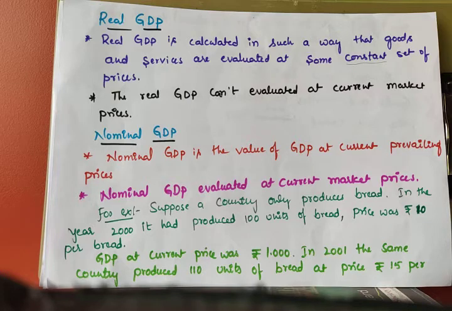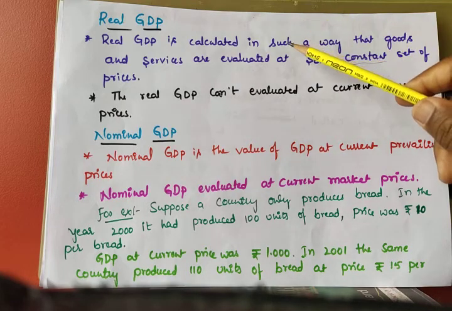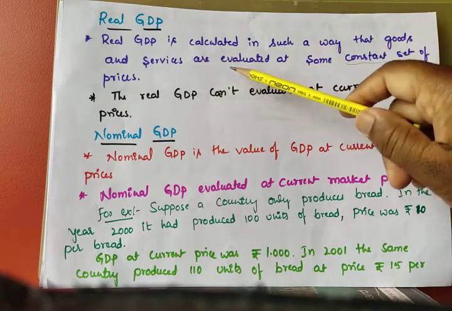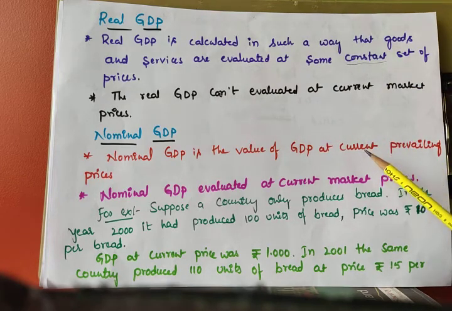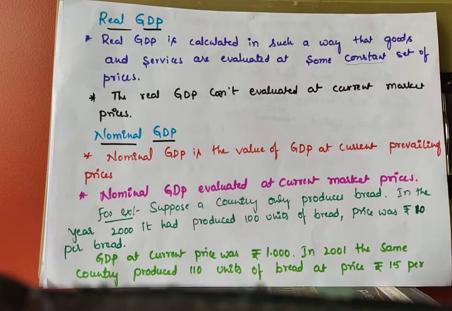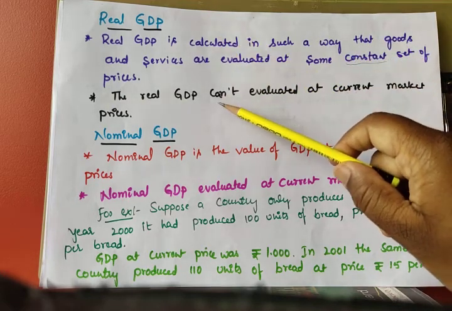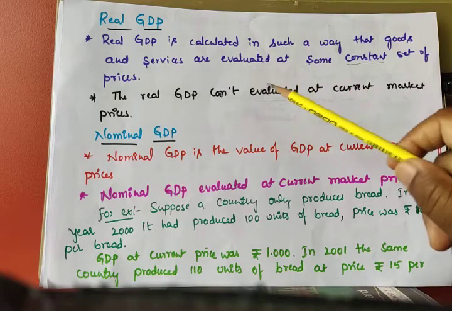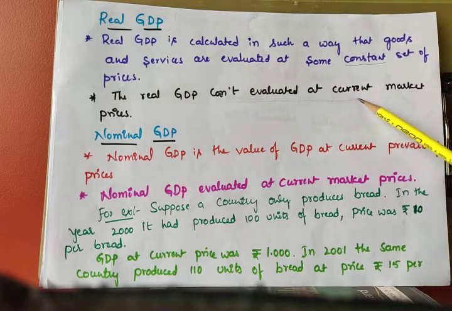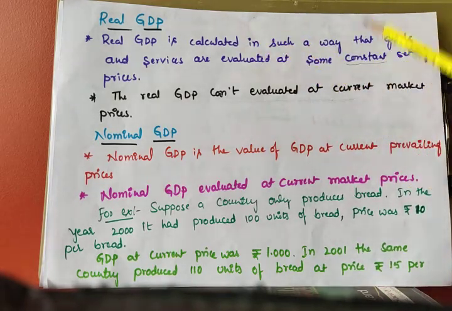To understand this, there is an example. Before that, once again I repeat, real GDP is calculated in such a way that goods and services are evaluated at some constant prices. Nominal GDP uses the current prices. Real GDP cannot be evaluated at current market prices, the present ones; it can be calculated only at some constant set of prices.